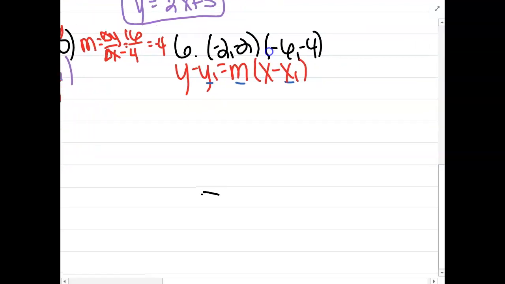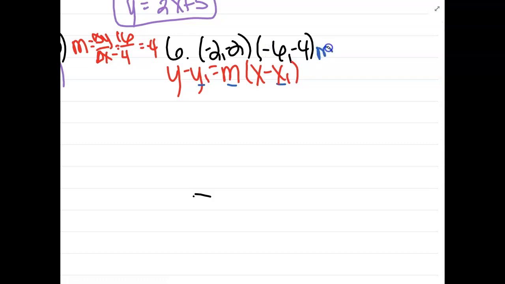How do we find slope? Very good. Change in y over change in x. Now be really careful on these ones. Your change in y, the y coordinates are -2 to -4. What's the change from -2 to -4? You're going in the backwards direction, -2.